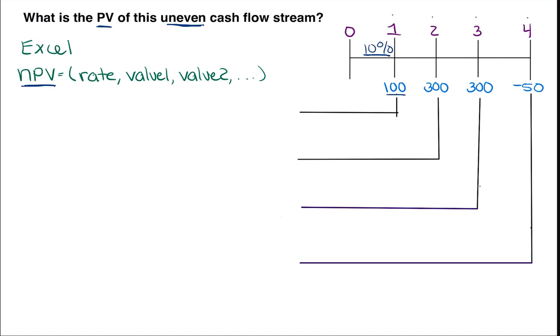So I'm going to take my value, which is $100, divided by 1 plus my rate, which is the 10%. And my exponent is going to be how many compounding periods am I coming forward. So since I'm at 1 here, this is where my $100 is, I need to come back 1 compounding period, so my exponent is going to be 1.